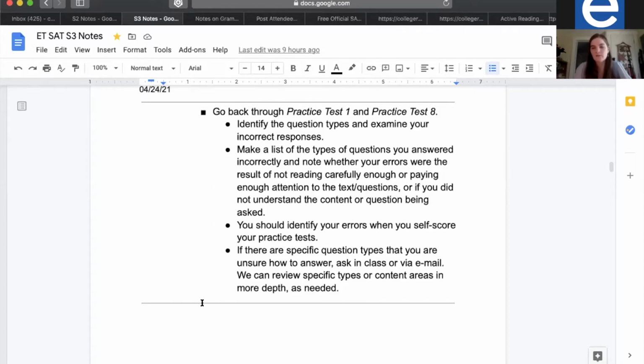If you're confused about that, you want to make a clear distinction of whether it's just a simple careless error, or not being thorough or attentive enough, versus a lack of comprehension of the actual content being assessed, or what they're actually asking you to do. Okay.